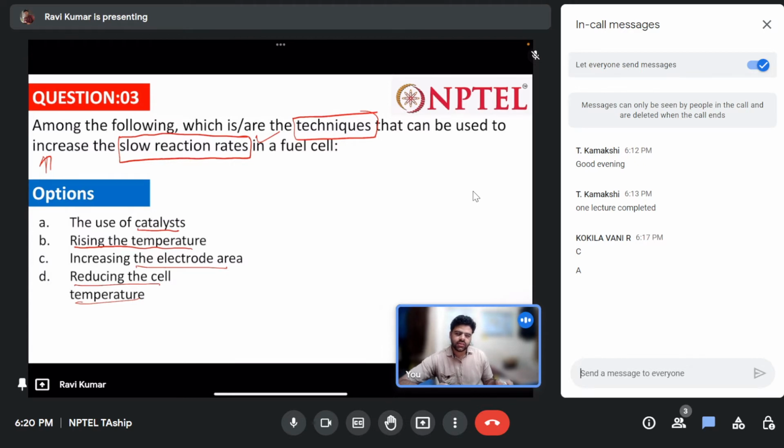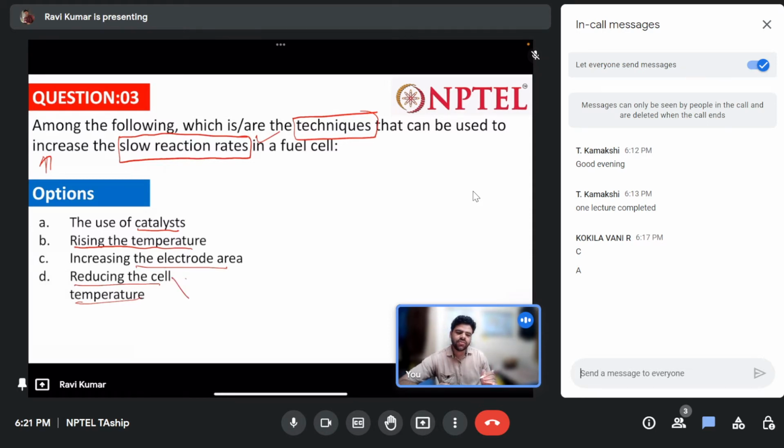With the temperature, does the reaction rate increase or decrease? Or in other words, does the efficiency of a fuel cell increase with temperature or decrease? It increases. So reducing the cell temperature is not correct.